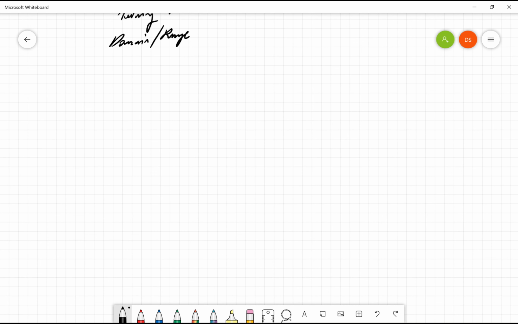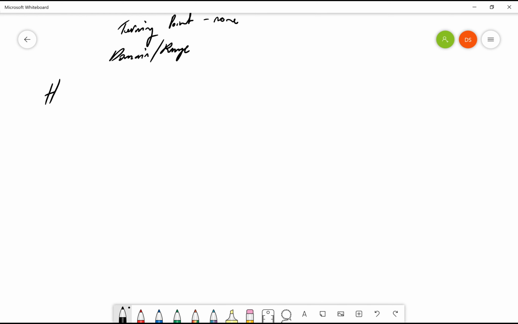So here is a hyperbola. Hyperbola is the single, right? Hyperbolae is the plural. So more than one hyperbola become hyperbolae.